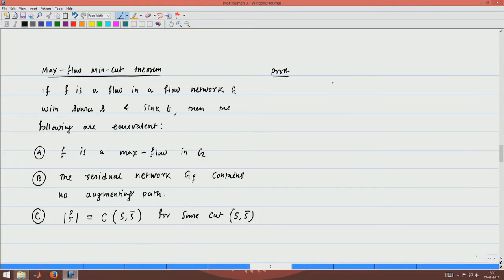This is a sort of correctness proof of the Ford-Fulkerson algorithm, because there, if you remember, the stopping criterion was that when there is no augmenting path in the residual network, you stop because you can't improve the flow anymore. So, A implies B, B implies A. This sort of proves the correctness of the Ford-Fulkerson algorithm. So, that we will do first. We will prove that A implies B and B implies A.